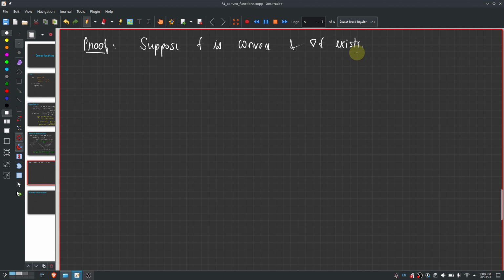Our goal is to show that for every x1, x2, f of x2 is greater than or equal to the tangent. How do we prove something like this?